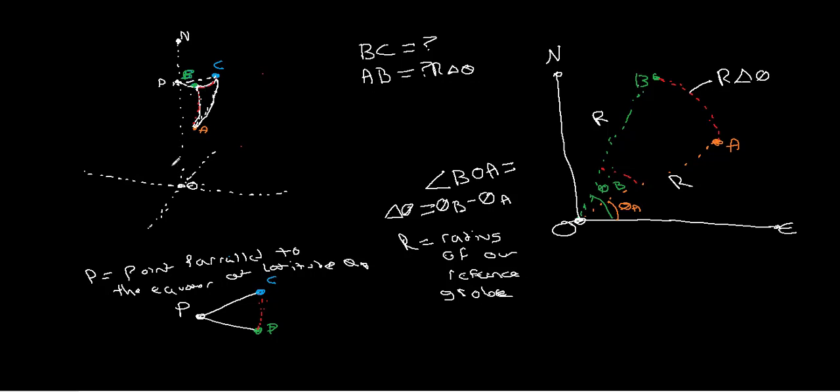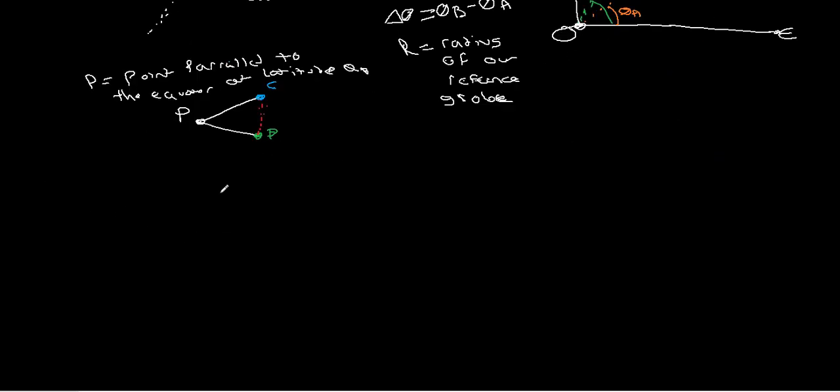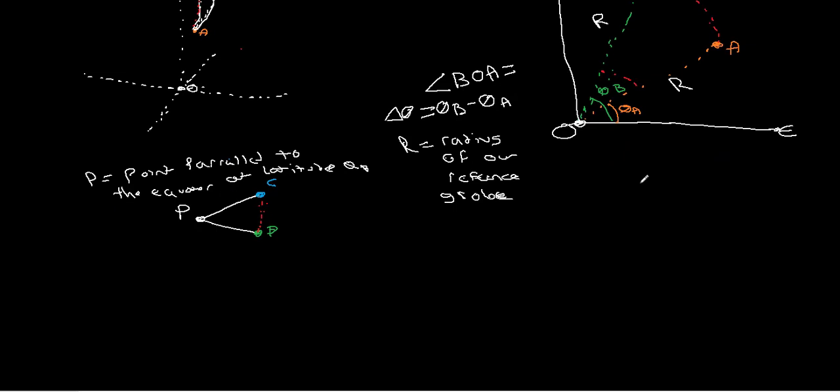So it's not going to be the same length as the radius of our circle. It's going to be a different length. So this is not going to be r. It's going to be something else. It's going to be PB, the distance from P to B. So we have to figure out what that distance is.